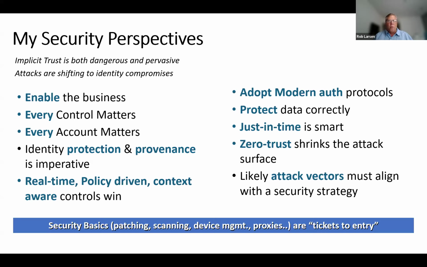We have to do that well. I've got some other things here, like adopt modern authentication protocols, protect data correctly, just-in-time strategies are really smart, and zero trust shrinks the attack surface. But I will tell you that, from my perspective, identity is the key to everything as I've seen it.